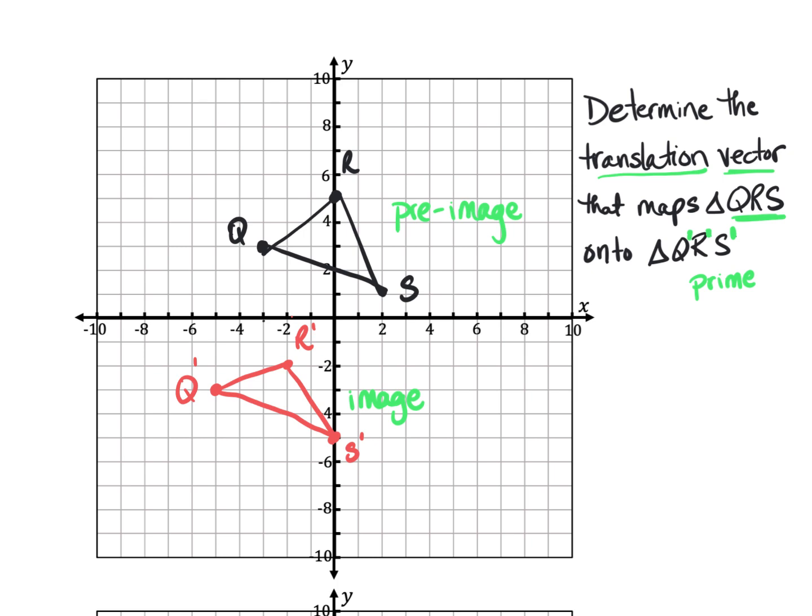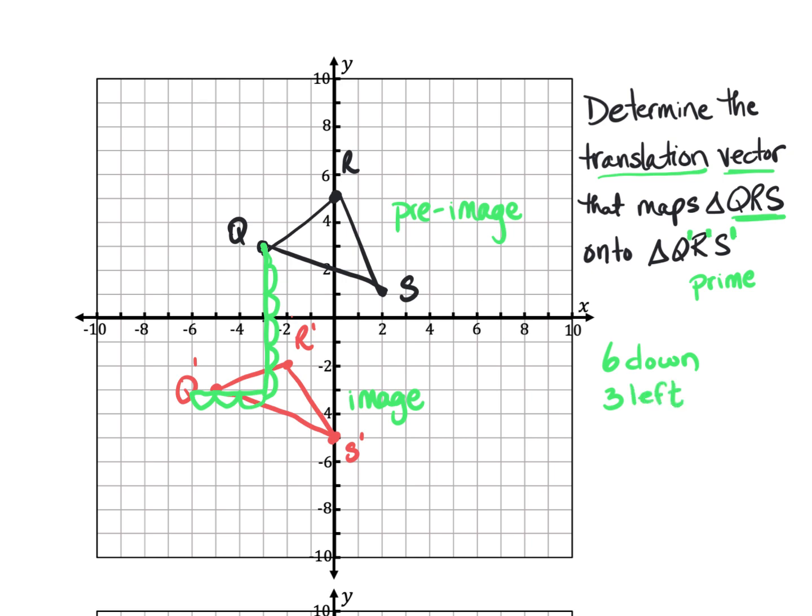So I'll start with Q. To get from Q to Q prime, we're moving down and then to the left. Here this is 1, 2, 3, 4, 5, 6 units down, and 1, 2, 3 units to the left. So 6 units down and 3 to the left.